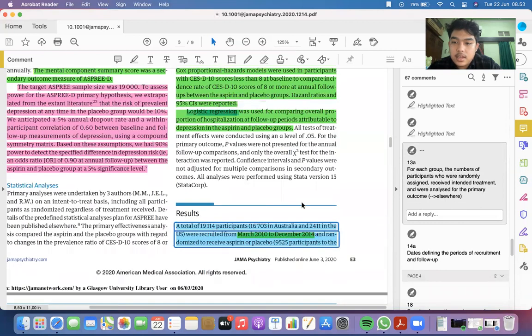For point 13a, for each group, the numbers of participants who were randomly assigned, received intended treatment, and were analyzed for the primary outcome.